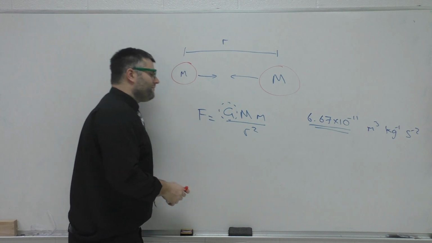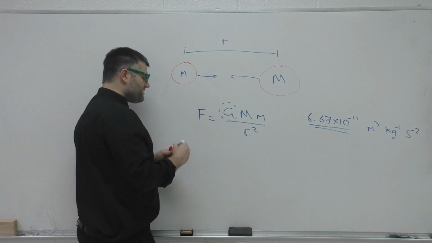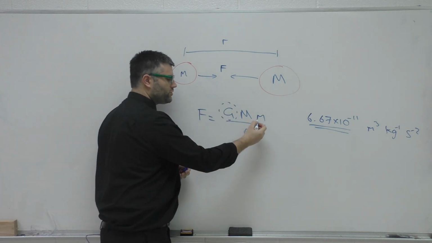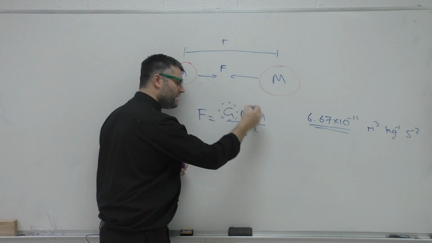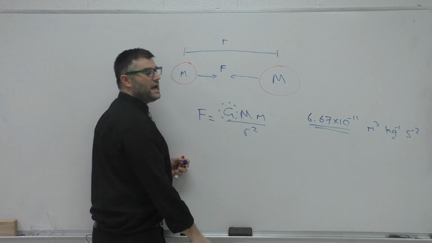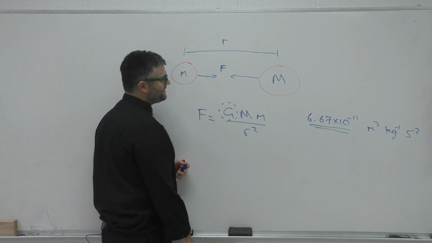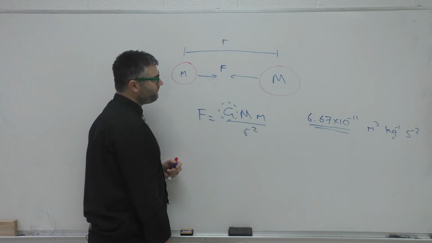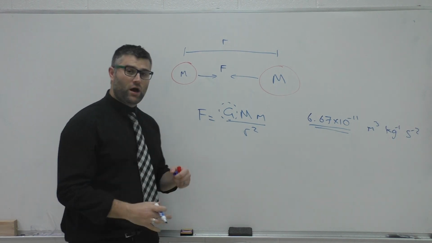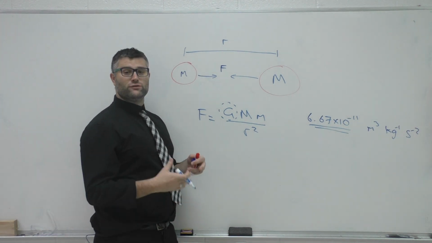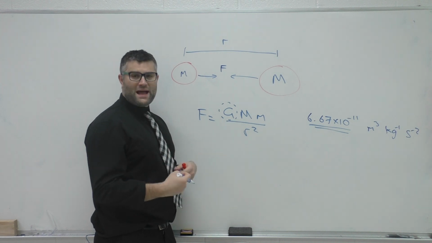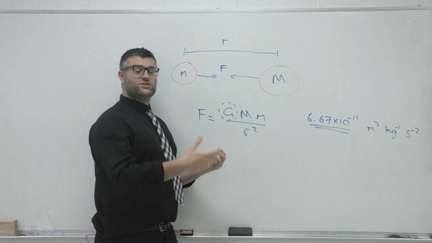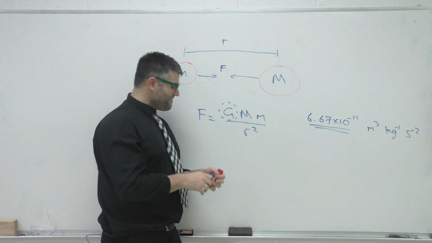So here we are, we have Newton's law of gravitation, and that there is a force of attraction between these two bodies which is directly proportional to the product of the masses and inversely proportional to the square of the distance between the centre points of those masses. And this happens because of a gravitational field. Now each of these masses has a gravitational field which effectively exerts a force on something in that field.